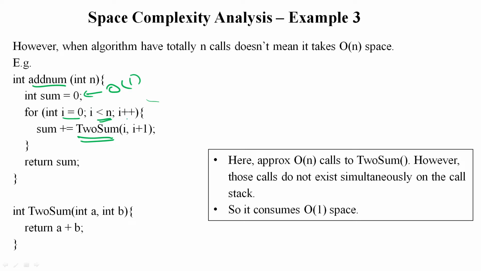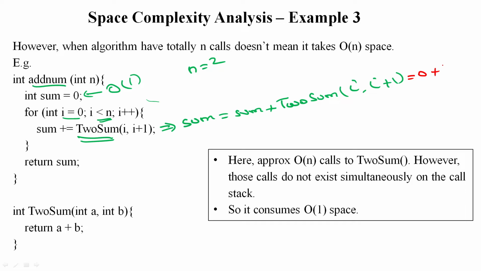Then this loop is running for n times, with the statement sum equal to sum plus the sum of i comma i plus 1. Assume my n value is 2. Then i equals 0, initially sum is also 0, right?